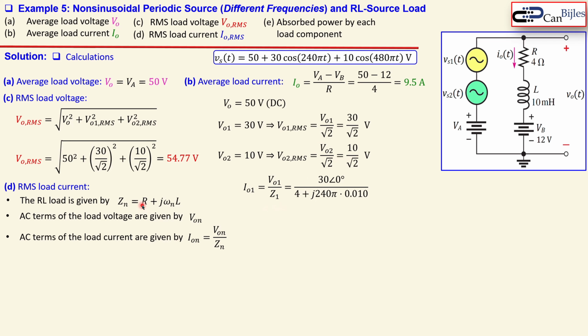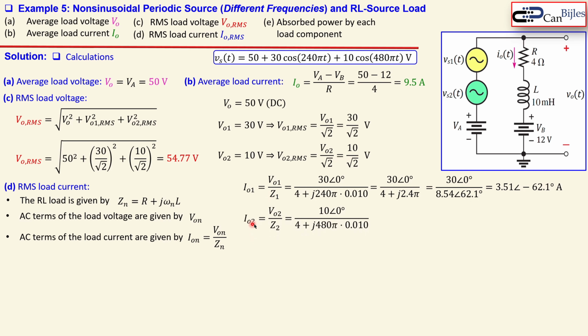And now we have 4 here, plus j 240 pi times 0.010, which is our 10 millihenries. Again, convert that to phasor notation. First you simplify, so you have an angle and also the magnitude. Now you do 30 over 8.54, that will give us 3.51, and also the angle will be shown here.